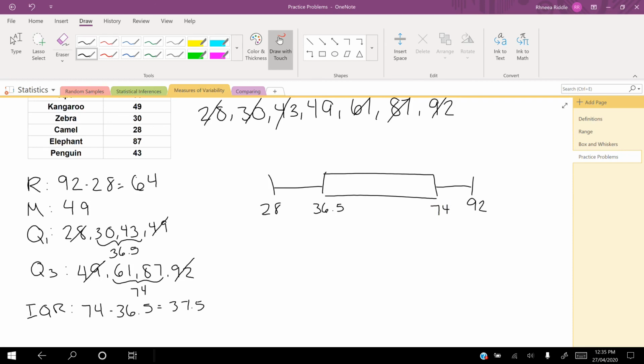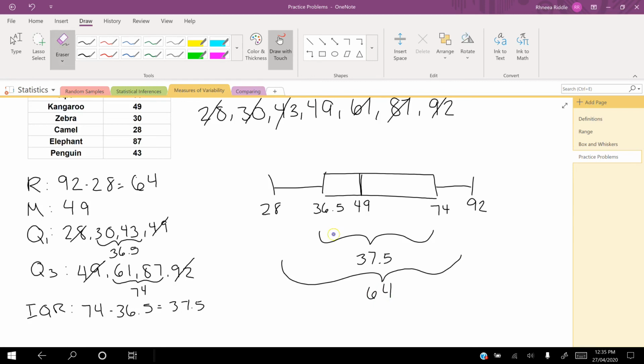And our median, which is closer to 36.5 than 74, so we're going to put it closer to the Q1, is 49. So that is our box and whiskers plot. Again, using this, you can see that the IQR is 37.5 and our range is 64.